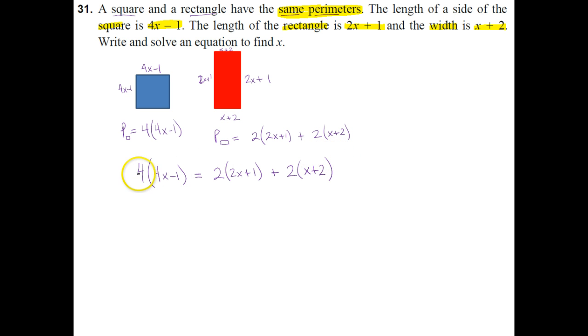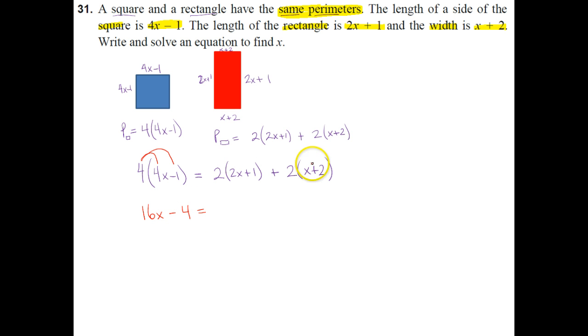So we're going to need to do some distributive property here. Anytime you got a number multiplied by a sum or a difference inside parentheses, you got to use the distributive property and multiply that number by each term inside. So 4 times 4x is 16x. 4 times negative 1 is negative 4.